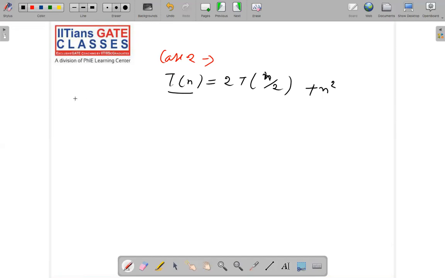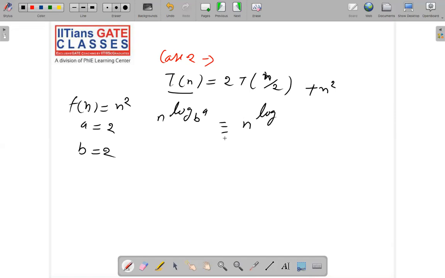So let's see, what is f(n)? f(n) equals n squared. What is a? a is equal to 2. What is b? b is equal to 2. Now let's calculate n^(log base b of a). It is equal to n to the power log base 2 of 2.